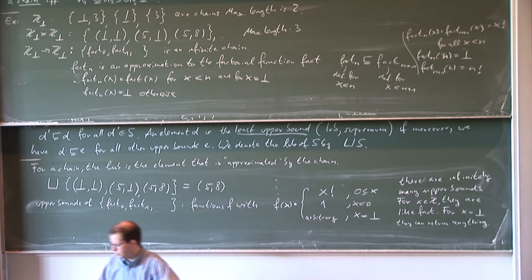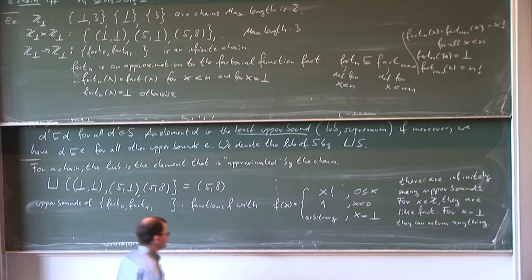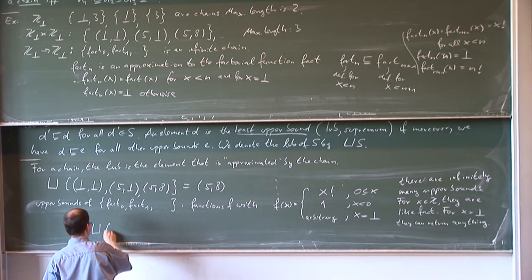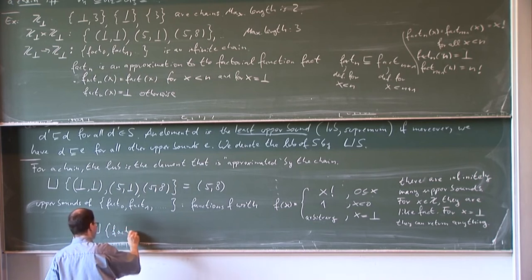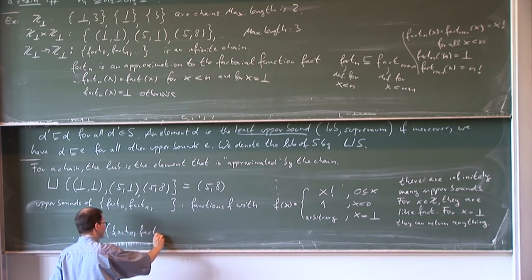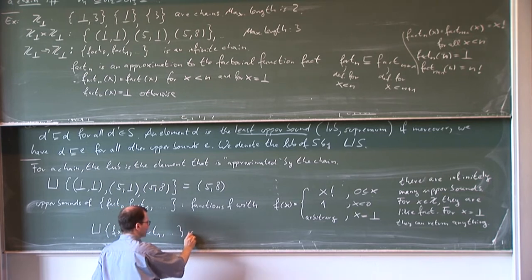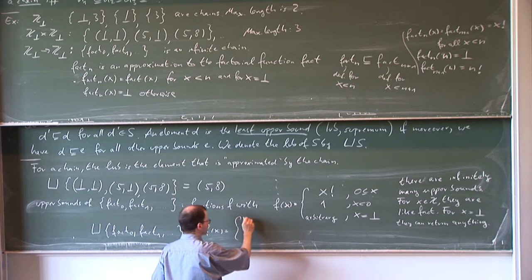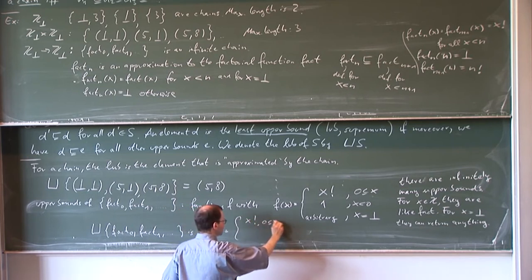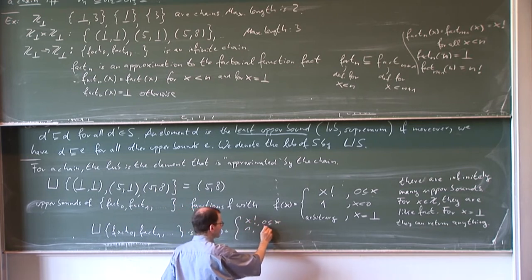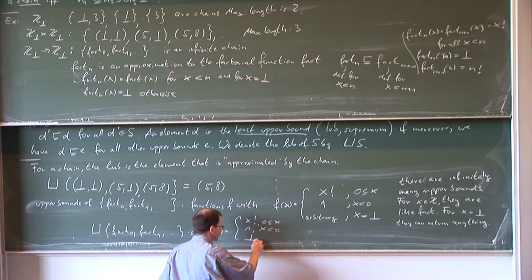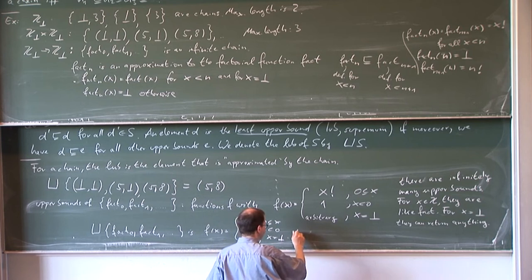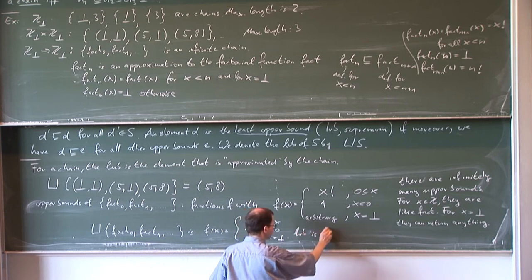So the least upper bound of this is indeed this function, which does this, but it returns bottom if x is bottom.